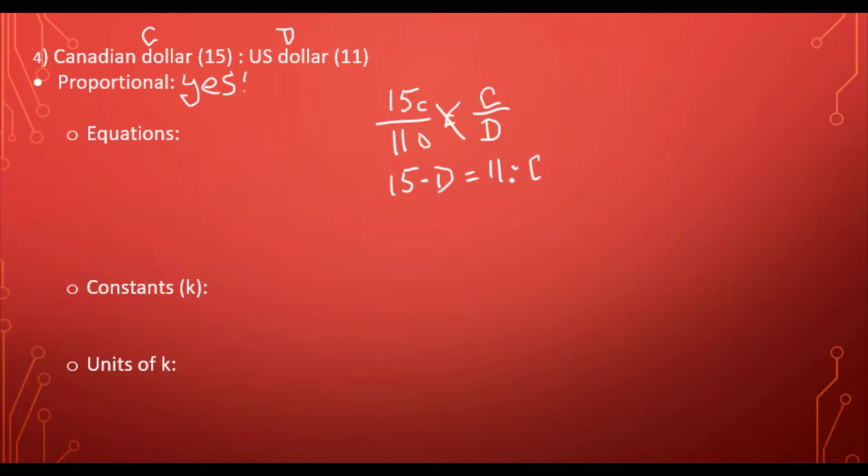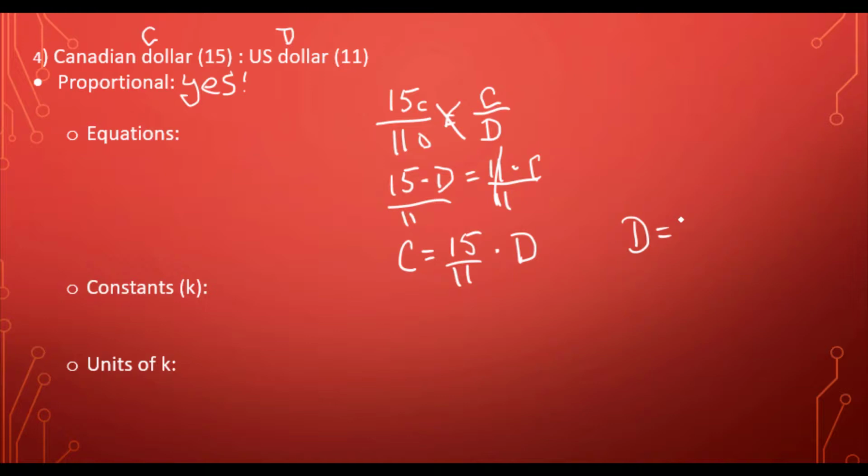Now I can solve either way. Let's solve for C. Divide by 11. These cancel, and I'm left with C equals 15 over 11 times D. Now hopefully you can follow that. So D is going to equal, stop, pause, let me know.